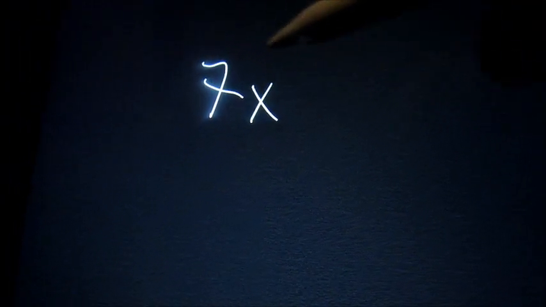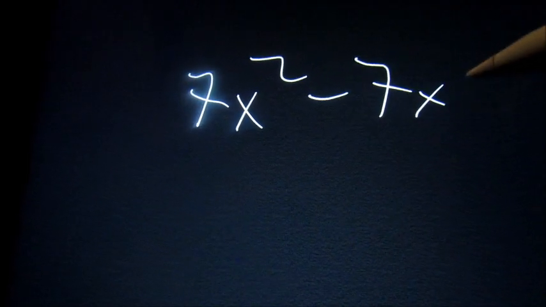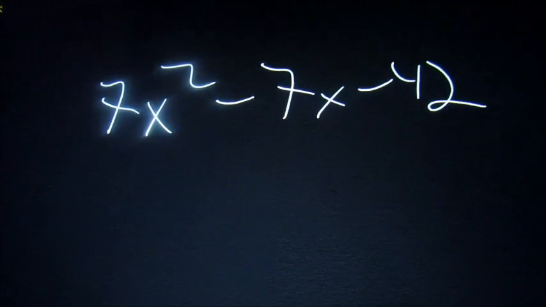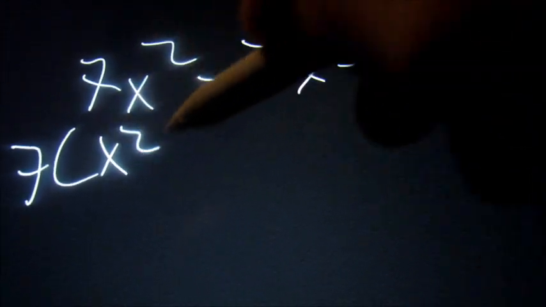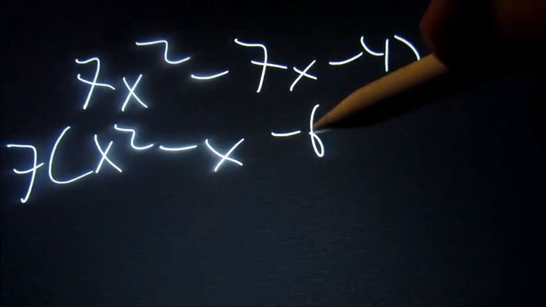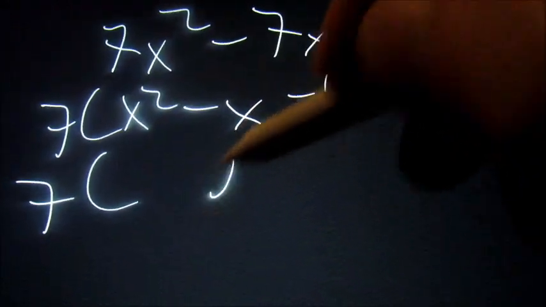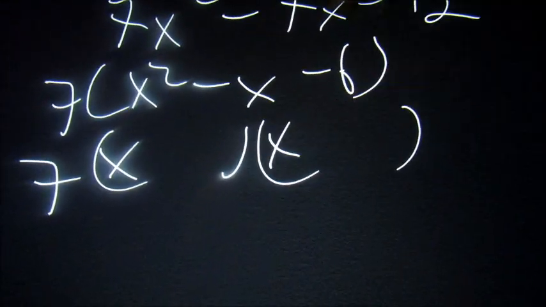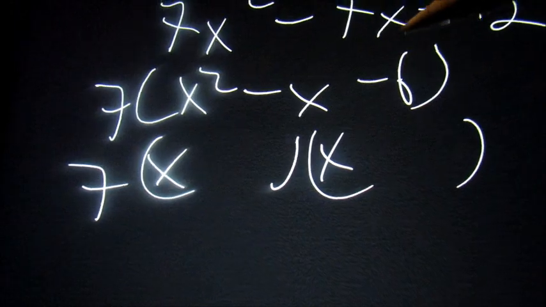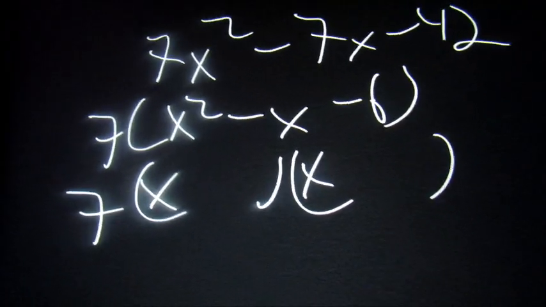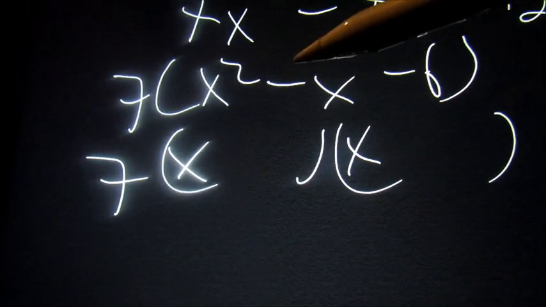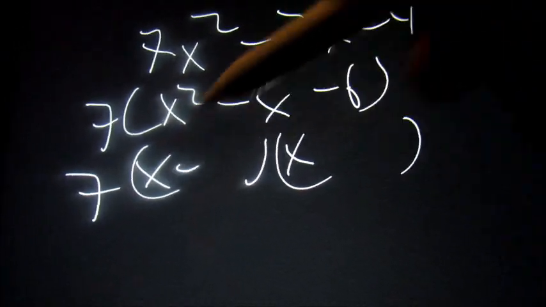The next one I'm going to do is 7x squared minus 7x minus 42. So I can factor out a 7, and I'm going to get x squared minus x minus 6. We're going to have an x and an x. Because I have a minus sign here, I'm going to have 1 plus and 1 minus, and the bigger number is going to be minus because this is a minus.